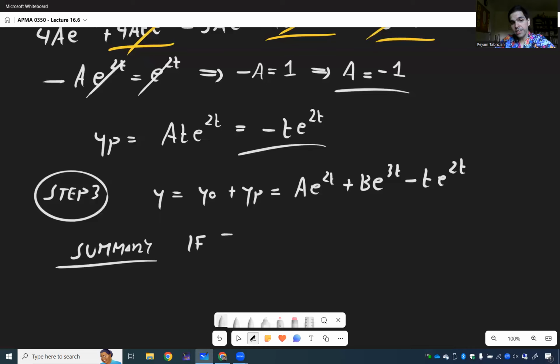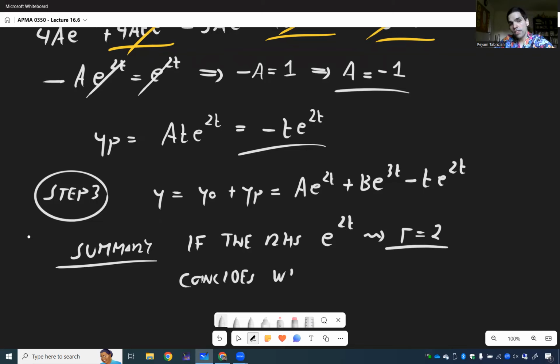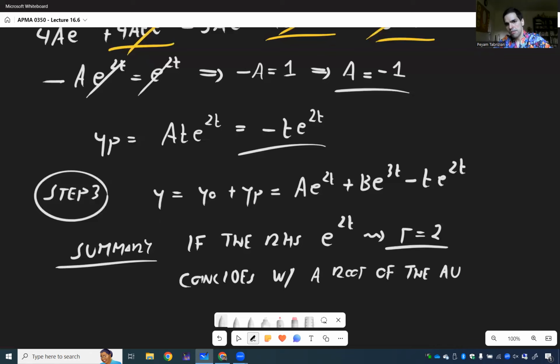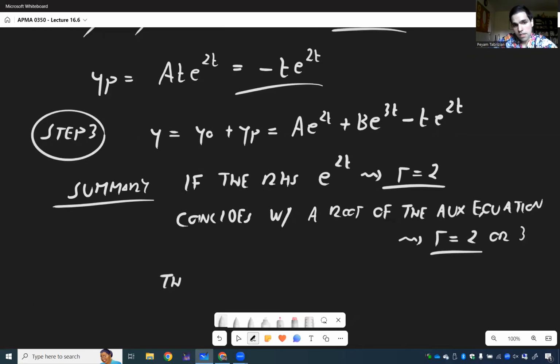If the right-hand side, let's say in this case e to the 2t, which corresponds to r equals 2, coincides with a root of the auxiliary equation, which again, in this case, we found r equals 2 or 3, then there's this exception called resonance.